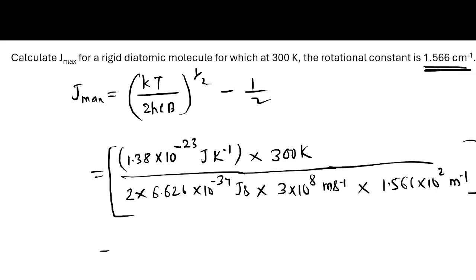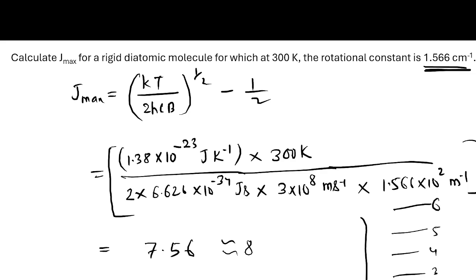If you solve this, you will get something like 7.56, which is equivalent to 8. So J max is 8. What is the meaning of that? Let's say we draw the energy level here. E, this is 0, 1, 2, 3, 4, 5, 6, 7, 8, 9. So J max is equal to 8, meaning we have the highest population here, meaning the most molecules will be here.